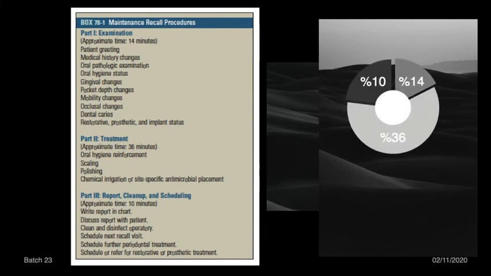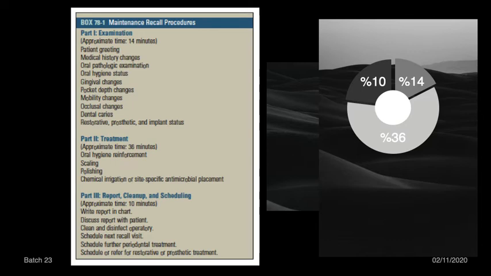That 1 hour includes an examination part, part 1, which accounts for 14 minutes, followed by a treatment part which accounts for 36 minutes, and finally the recall appointment or scheduling part, which is about 10 minutes.